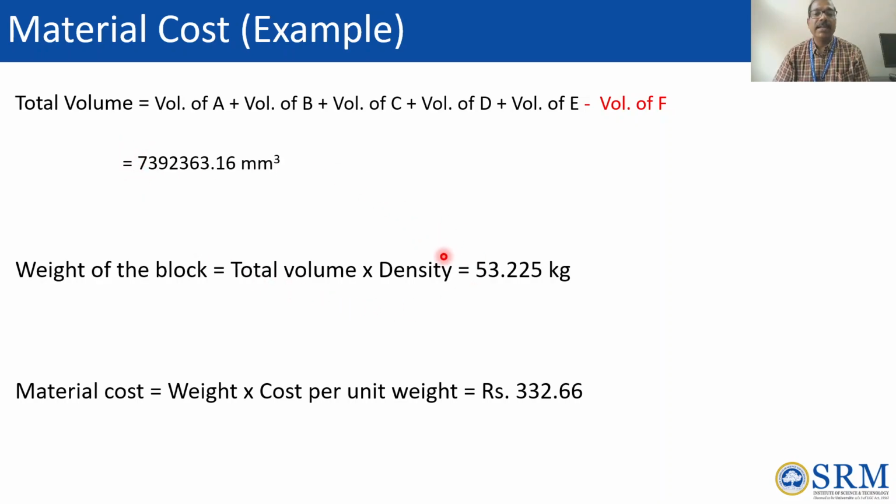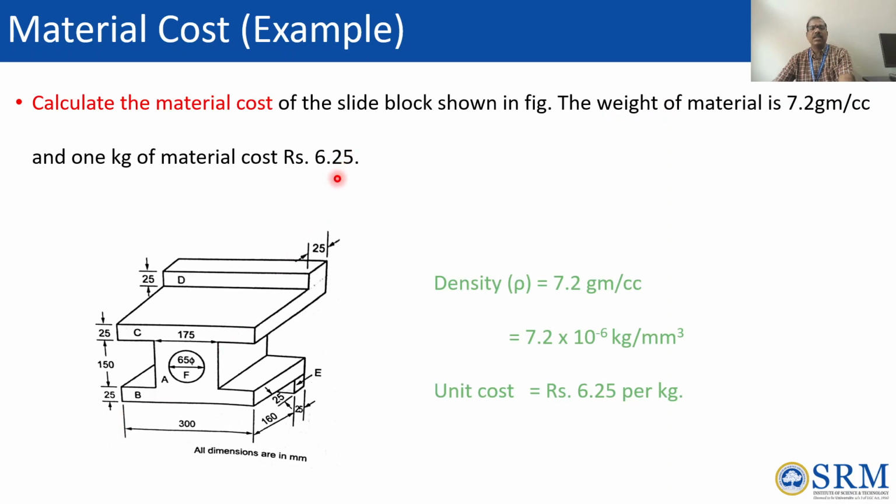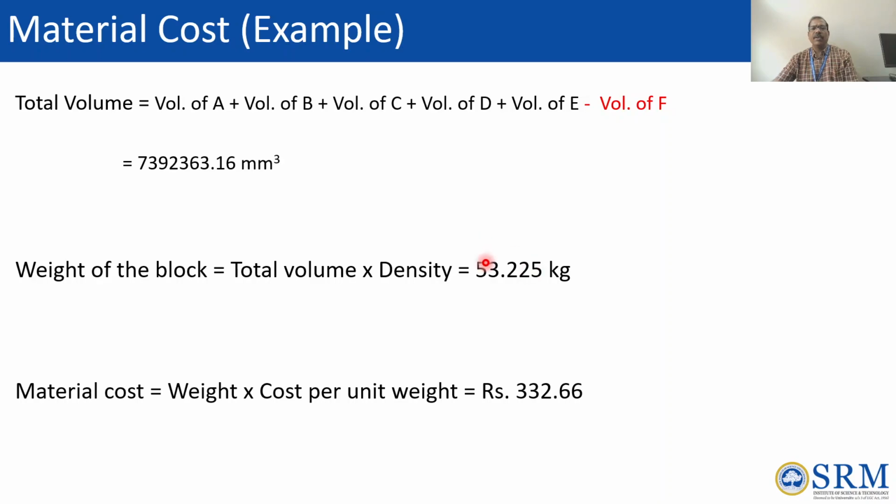Multiplying the total volume with the density, given as 7.2, requires unit conversion, either gram per millimeter cube, gram per meter cube, or kg per meter cube. By doing the unit conversion, we get the weight of the block as 53.225 kg. The cost for material is 6.25 rupees per kg. So 53.225 into 6.25 gives rupees 332.66 as the material cost for this example.